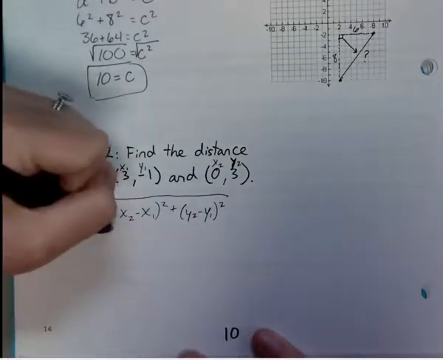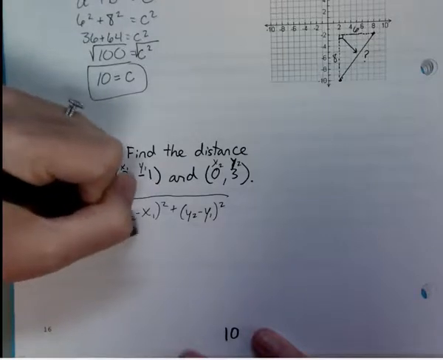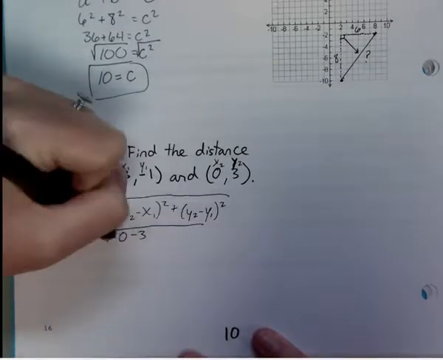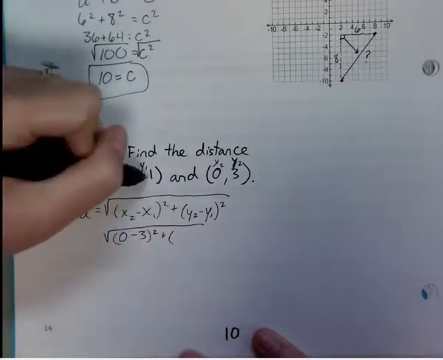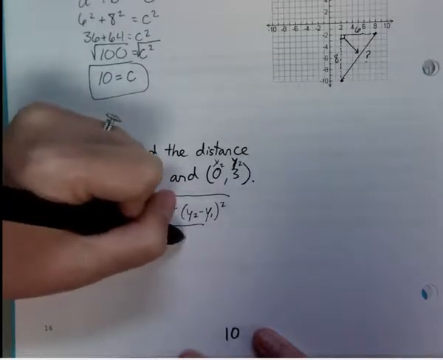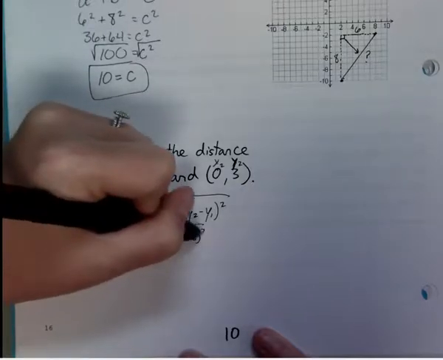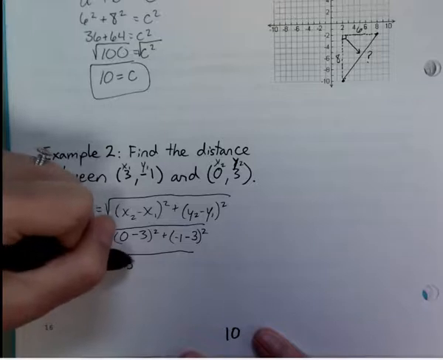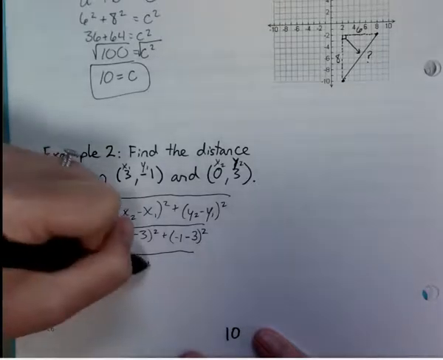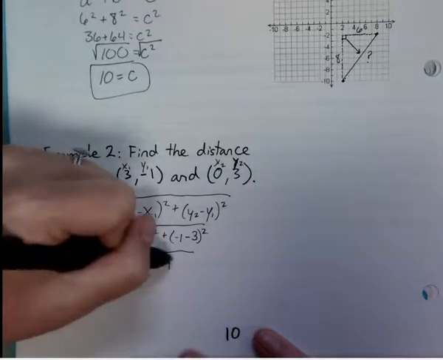Alright, I'm going to plug in my numbers. 0 minus 3 squared plus -1 minus 3 squared. Alright, we've got -3 squared. We do 0 minus 3. And -4 squared.